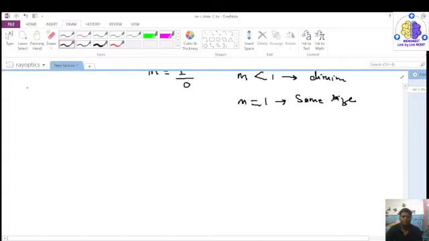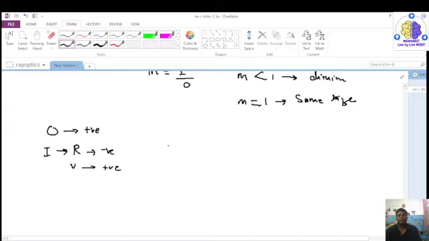Now, what we saw was that object height was always positive, but image height for a real image was negative, and for a virtual image it was positive, right?